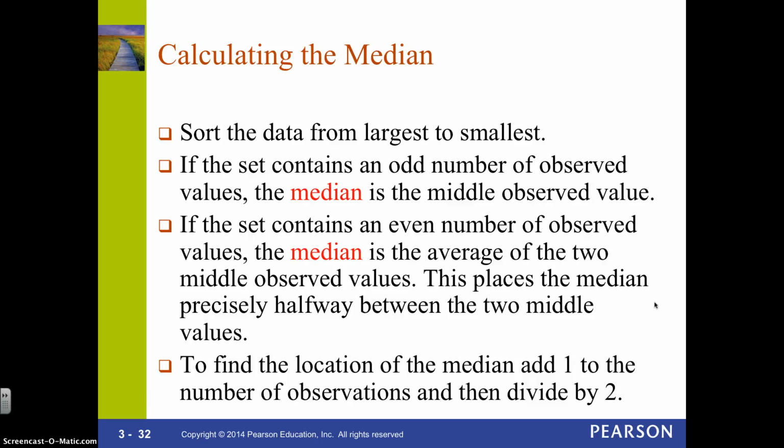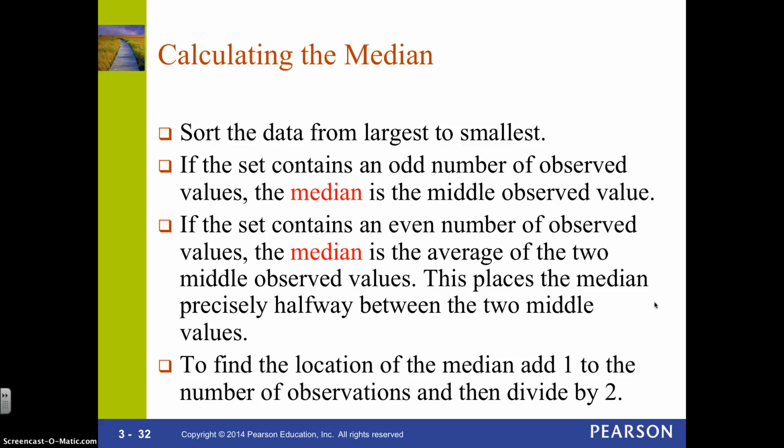Tuck in your thumb, and now for an even number of observations, where's your middle value? It's in between your 2 fingers. So with an even number of values, the median falls between two of your values, in which case you take the average of them, whereas with an odd number, it's the middle value.